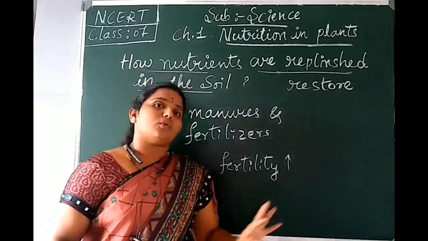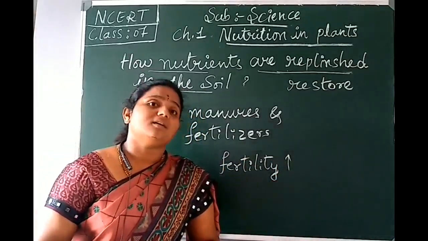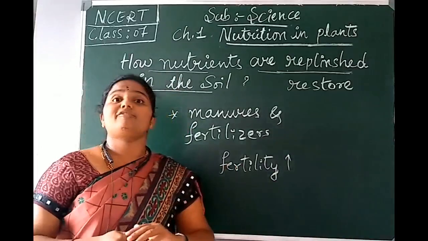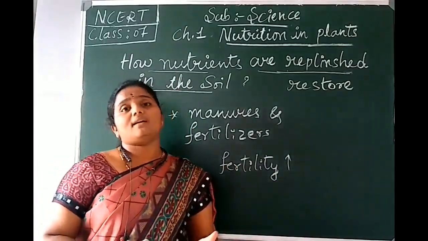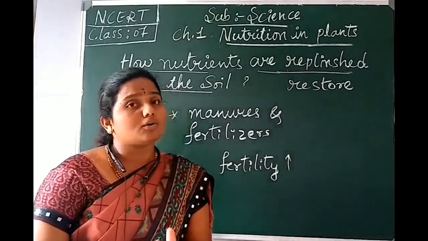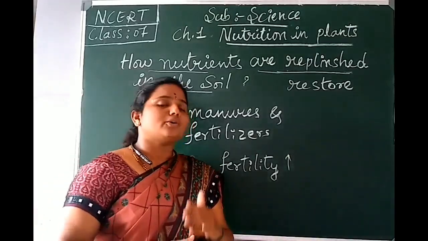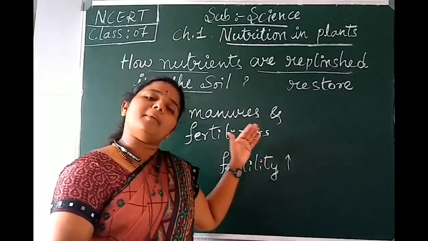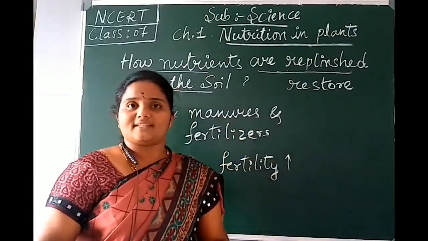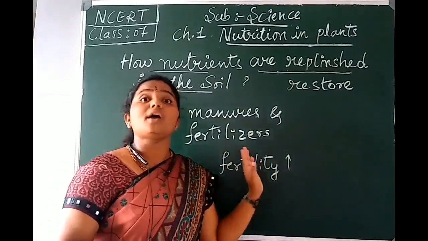It may lead to an increase in the fertility of the soil. Even if the soil is lacking nutrients, in those areas the plants cannot grow properly. So to overcome that problem, the farmer usually adds what? Manure and fertilizers to the fields, and they are rich in particular nutrients.